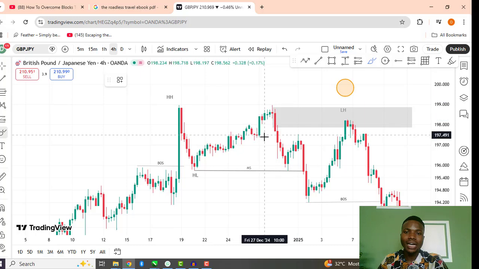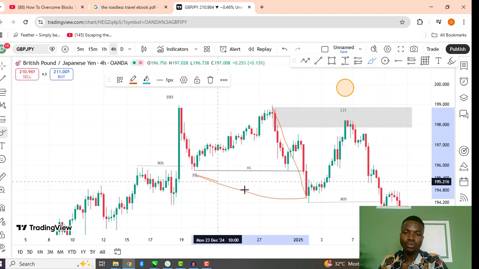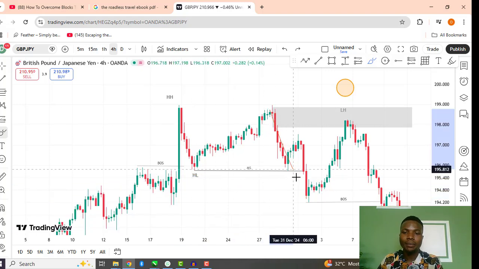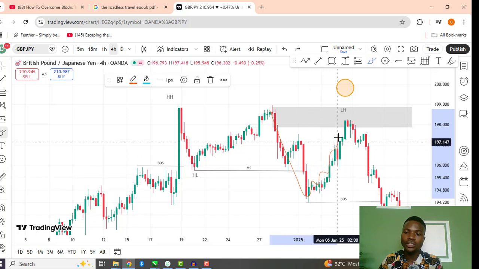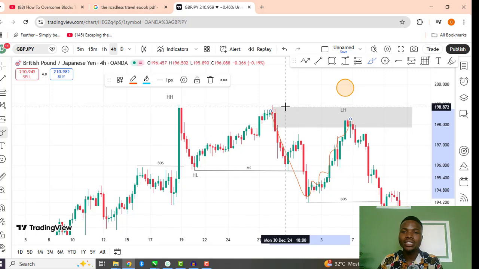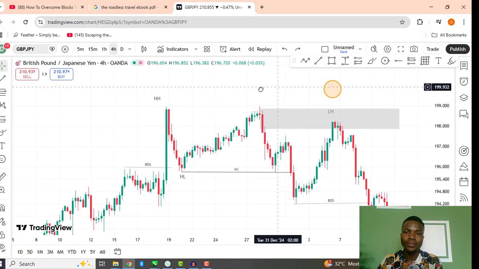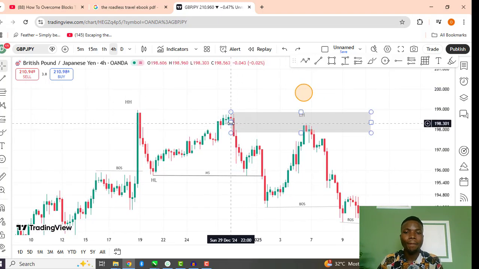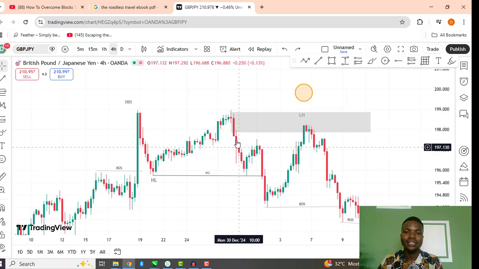Price sold all the way down here, broke through this low, and then found its way back up to this supply zone, because this is the point at which sellers took power from buyers. This is the point at which they enter the market.